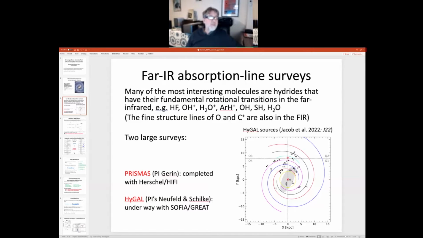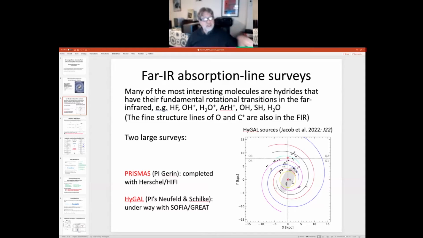So I've listed a number of examples of hydrides here on this slide. There are also two very important fine structure lines, the 63 micron line of oxygen 1 and the 158 micron line of carbon 2. And these are also in the infrared.